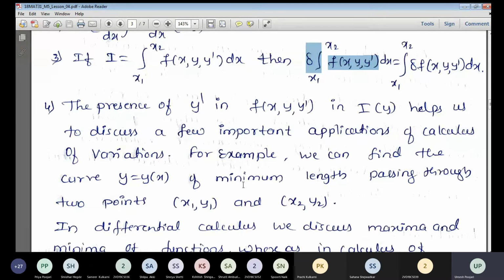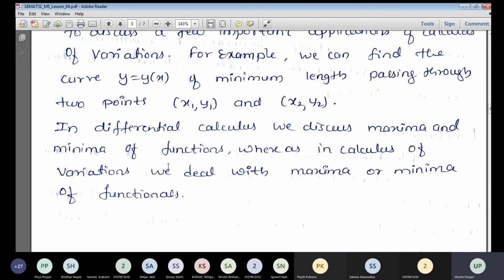In the next classes, in the application part, you are going to solve how to find the shortest distance between any 2 points. So many examples are there, and you will understand the basic application of calculus of variations. In differential calculus, you have discussed maxima and minima of functions, like in first semester or in PUC.